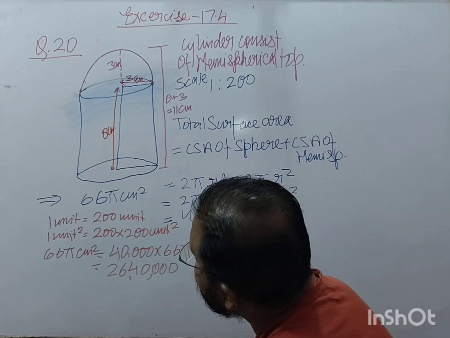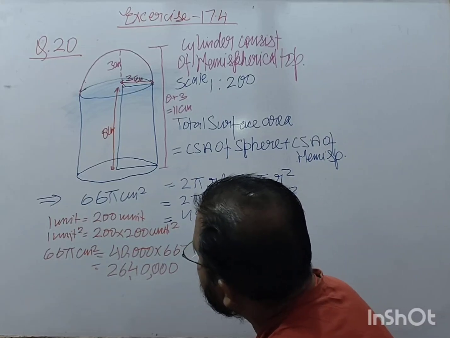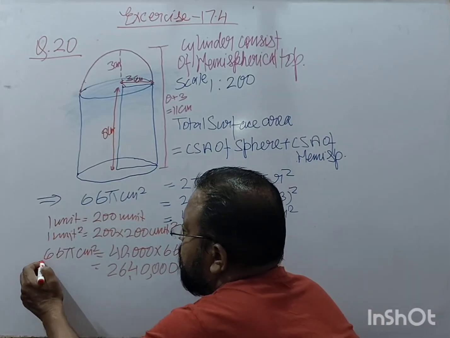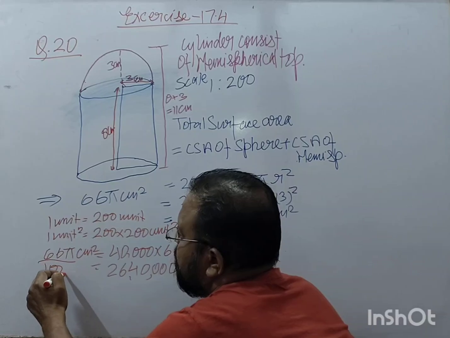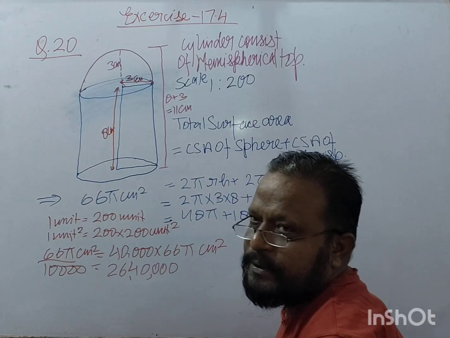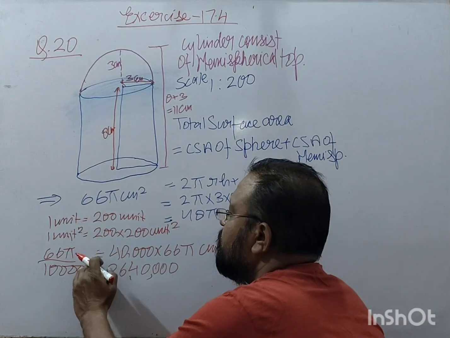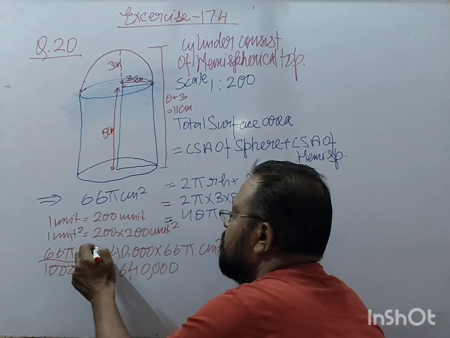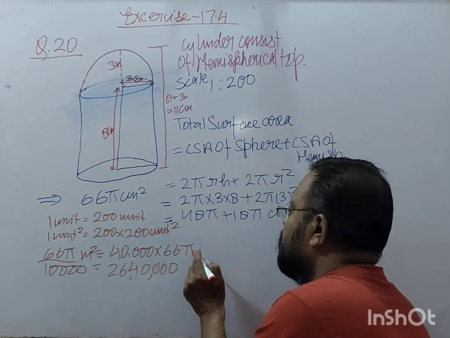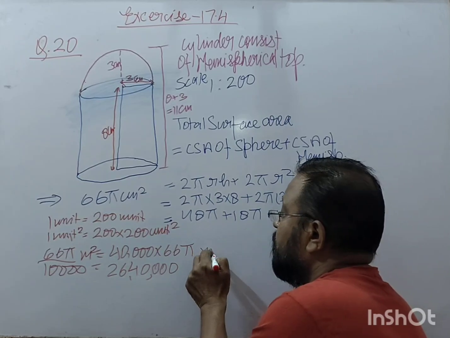Okay. Upon 10,000 it becomes meter square, right? Pi.